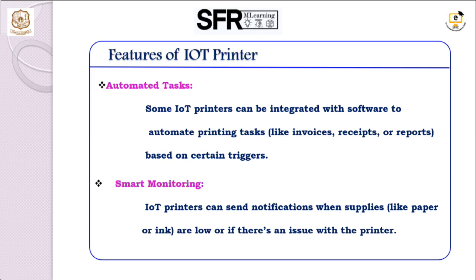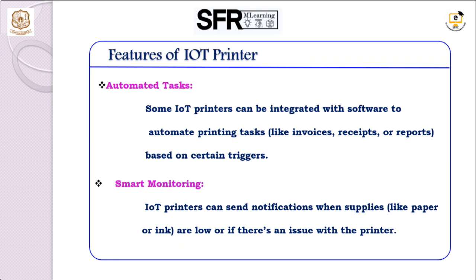The next is smart monitoring. Imagine your printer in the previous years, like a laser printer. It is our responsibility to monitor the cartridge and the paper consumption manually. But in the case of IOT printer, it can be done in an automatic manner. How is it possible? It is possible with the help of cloud storage.